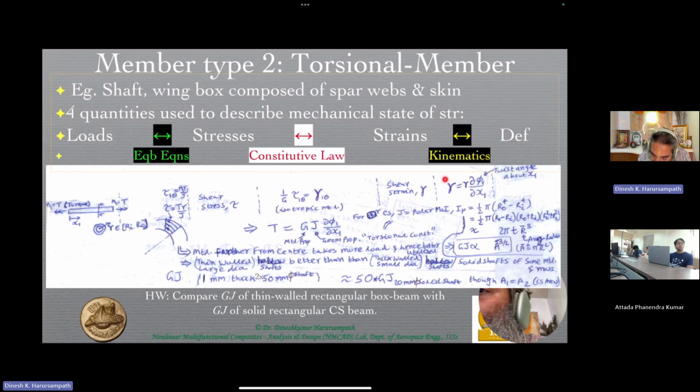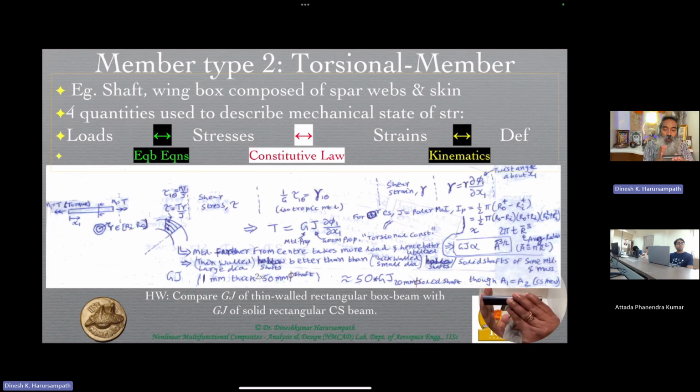And that turns out to be the shear strain gamma 1 theta, or theta 1 for that matter, equal to the radius times the rate of change of twist along the length. So in other words, phi1 comma 1, how the angle of twist changes along the length.